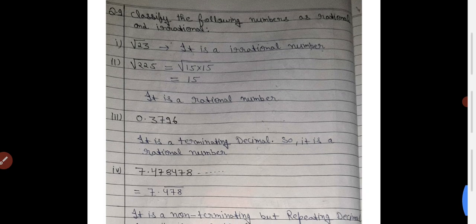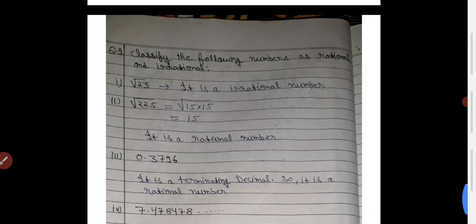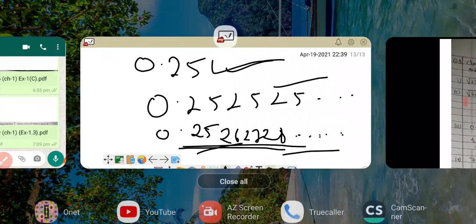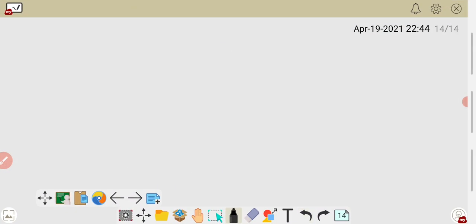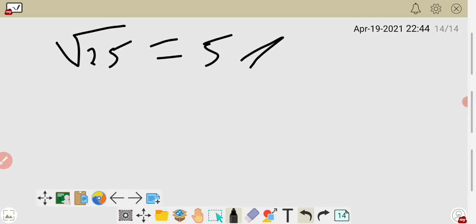Now come on question number 8. Before starting question number 8, I am explaining some basic concepts. In that question you have to tell what are the rational numbers and irrational numbers. So once again I am telling here in detail, those numbers which are in the under root form and we do not get a proper answer. Suppose root 25 is there, so finally you get here 5, so it is a rational number because in the form of p by q, it is a what?